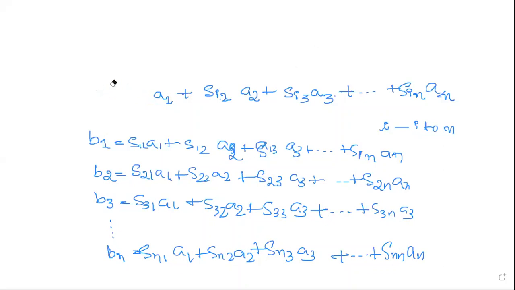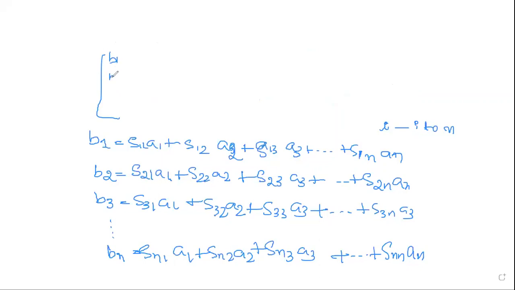What should the left-hand term in the matrix be? It will be all the reflected waves, B1, B2, B3 until BN.